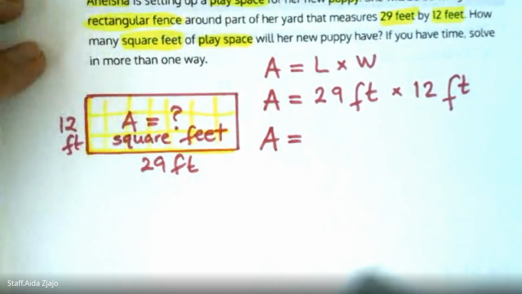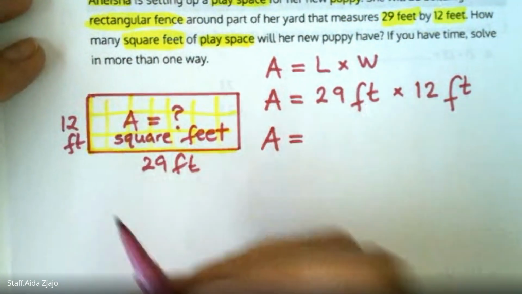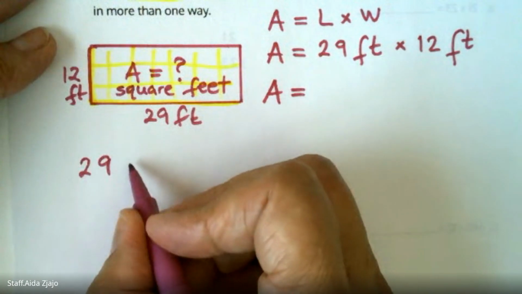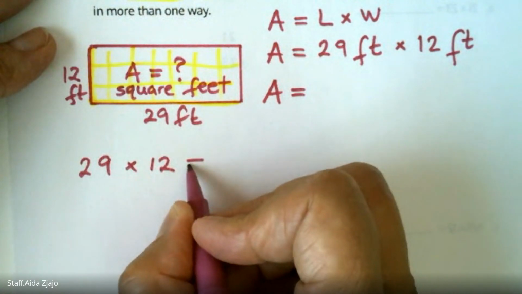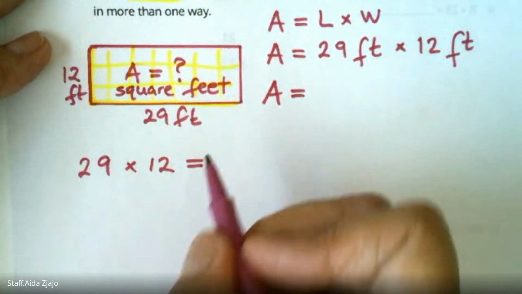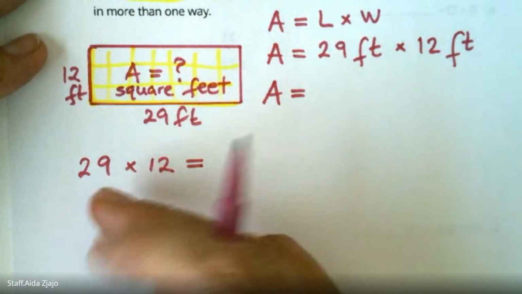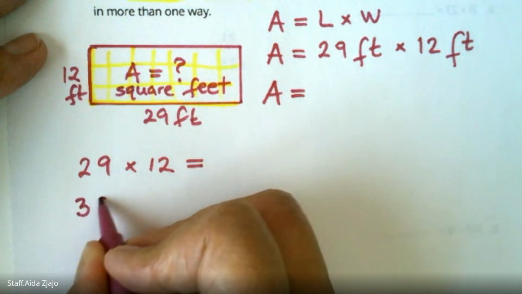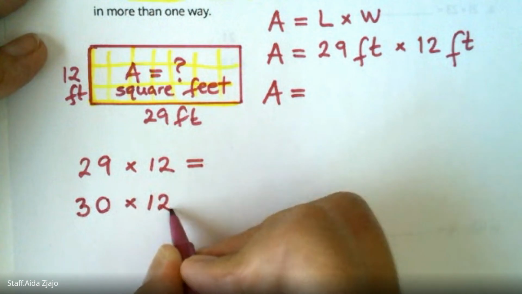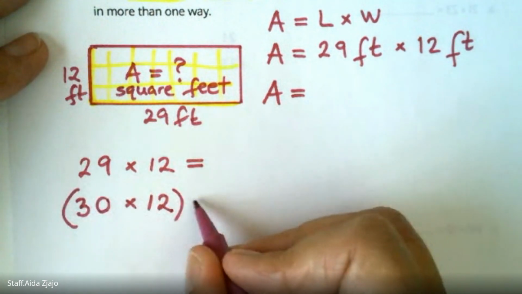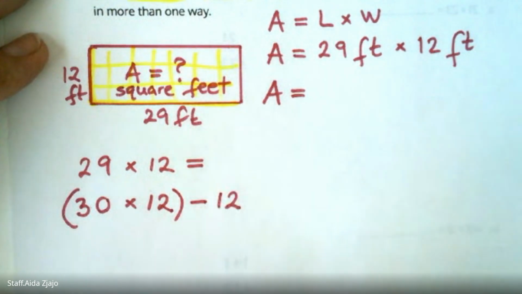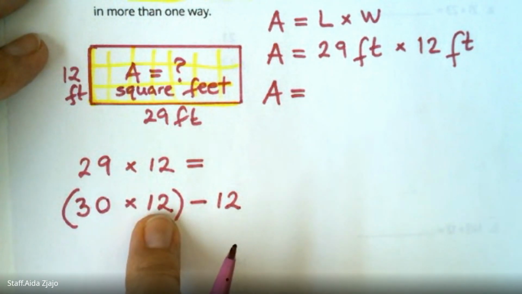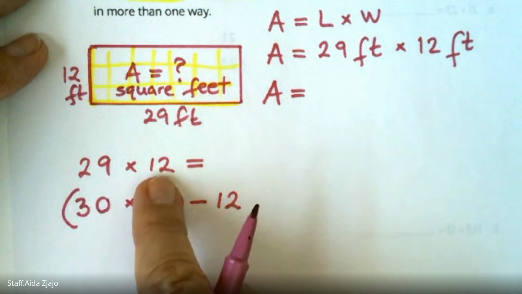Okay, so now you have a choice. You need to know what 29 times 12 is. If you use a compensation strategy, you can think about having 29 be the compatible number 30, and then multiply by 12, then you're going to subtract 12 because you added 30 groups of 12 instead of 29 groups of 12.